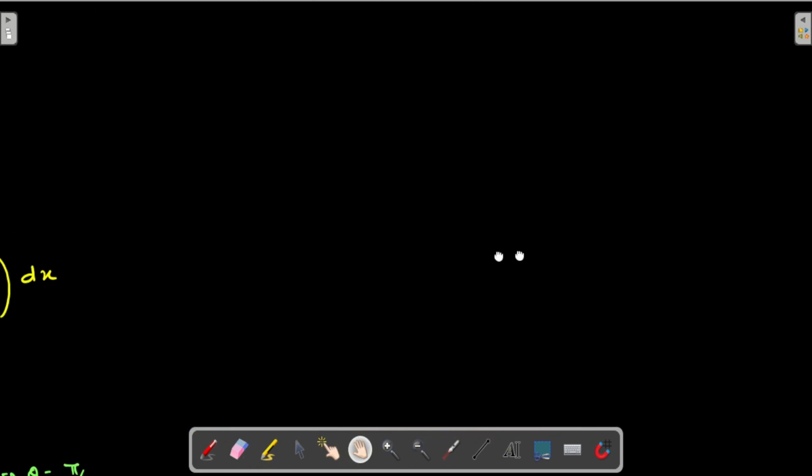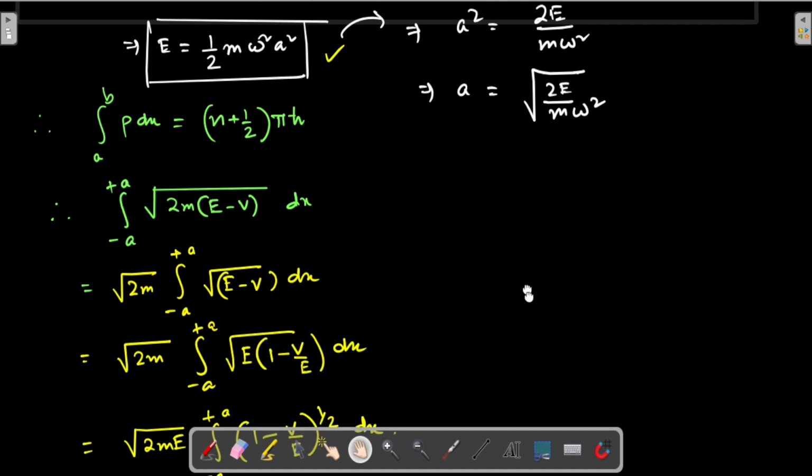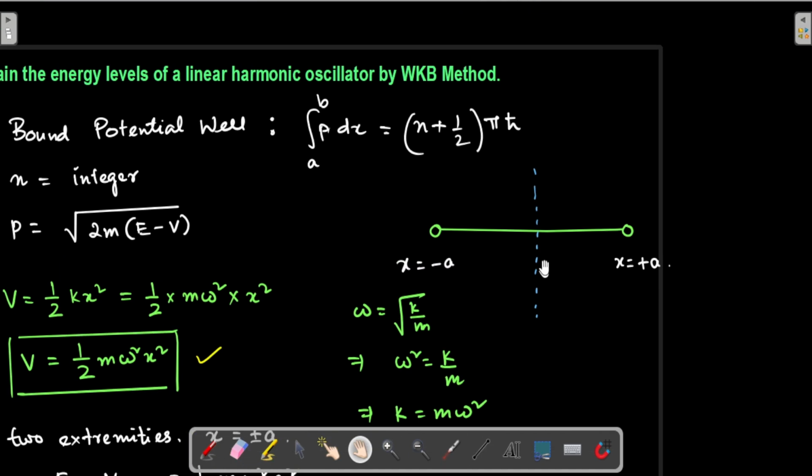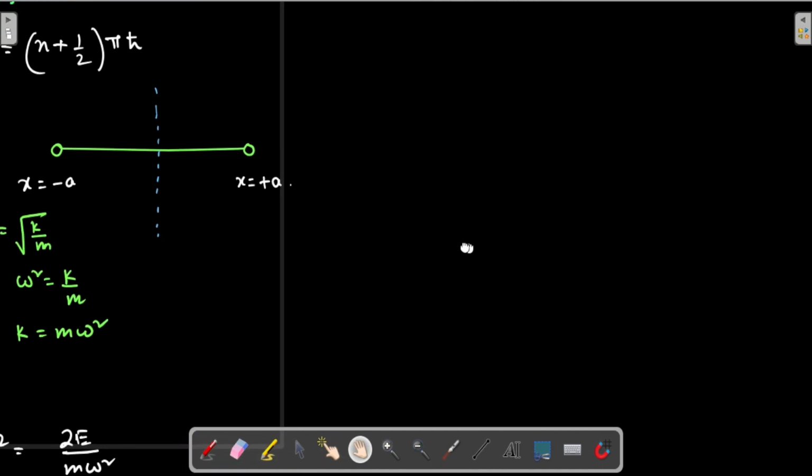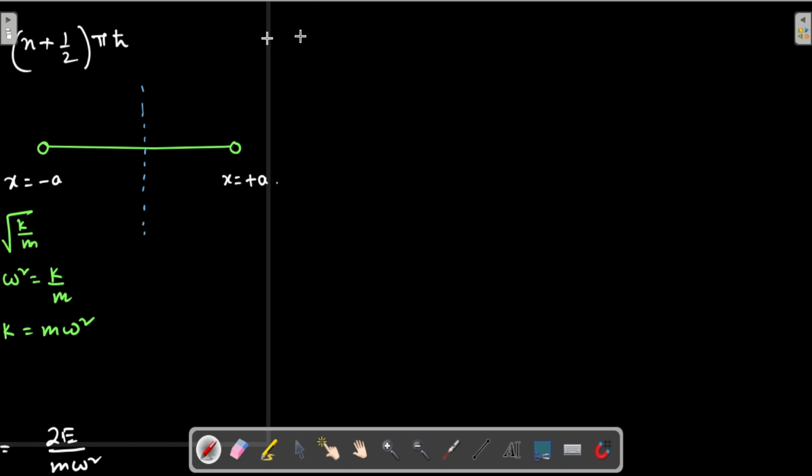At last, as we have derived the formula, the integral from minus a to plus a of p dx equals n plus half into pi into h bar.